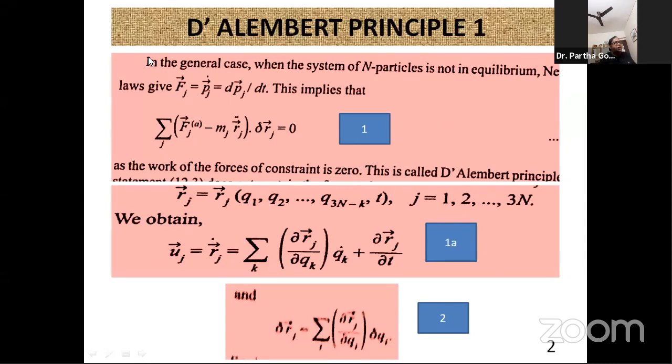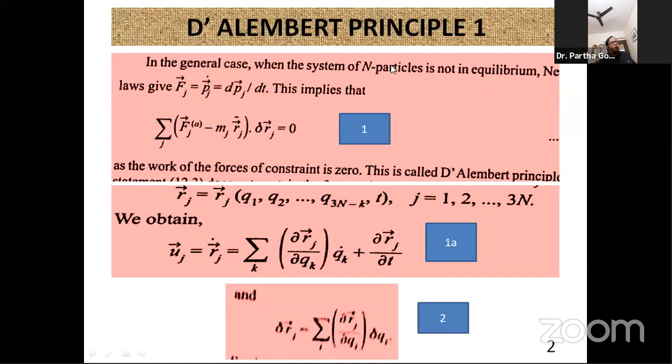So the point is, k here is the number of constraint equations, which has to be subtracted from 3n, 3n being the number of coordinates, n being the number of particles, to give us the number of totally independent coordinates.